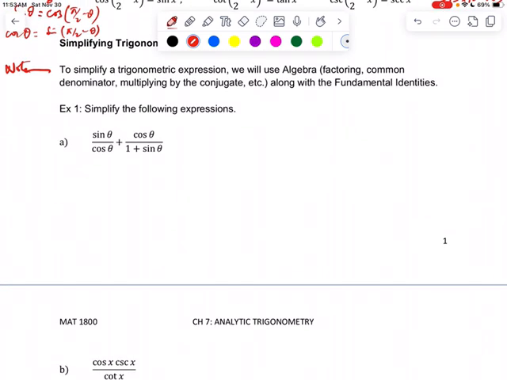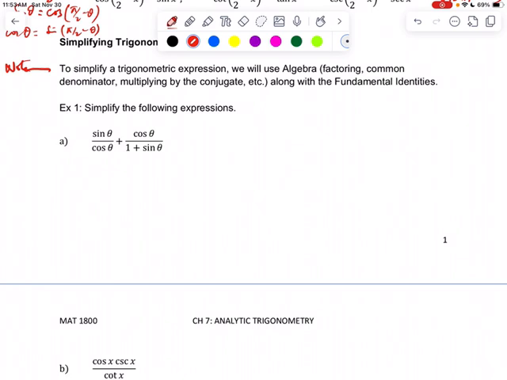So the first example is saying simplify the following expression. What comes to mind here? These are two fractions which are being added. Whenever you have more than one fraction being added or subtracted, you should use a common denominator. So what is the common denominator here?